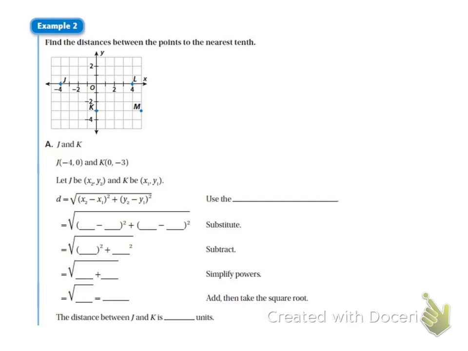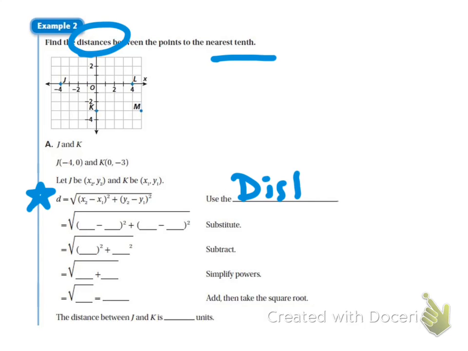Moving right along, we have points on this graph, and they want us to find the distances between the points to the nearest tenth. So looking at this, we have to use our distance formula. So it might be helpful to star this. This is called the distance formula, and we're going to use this to find the distance.